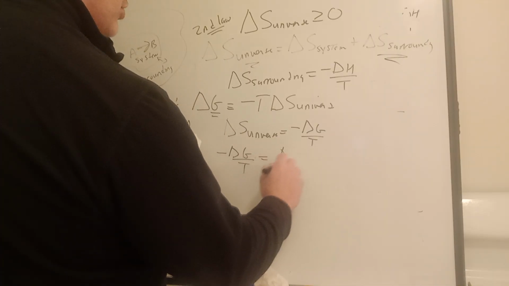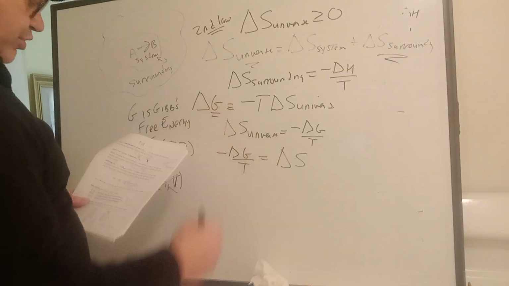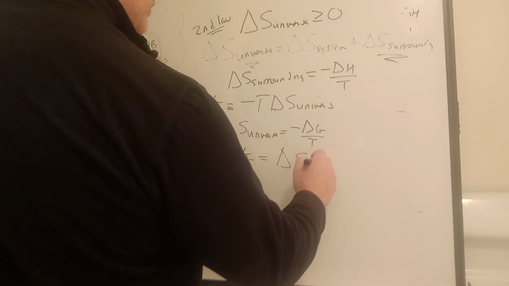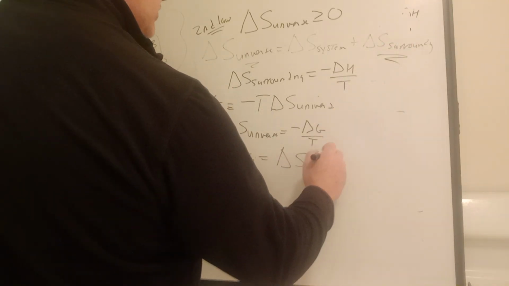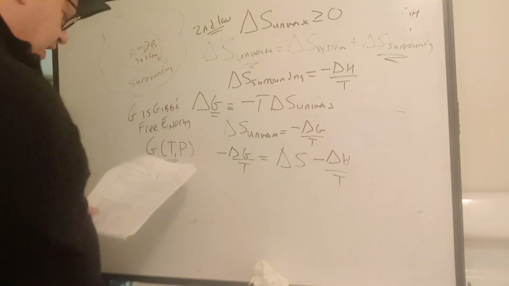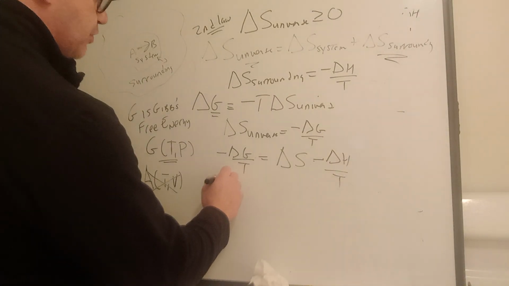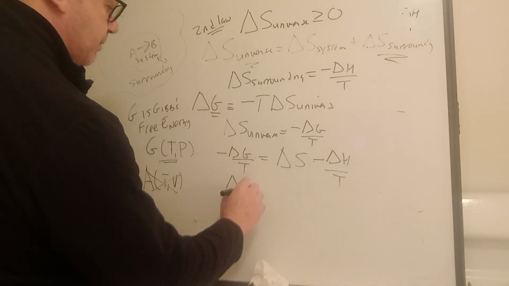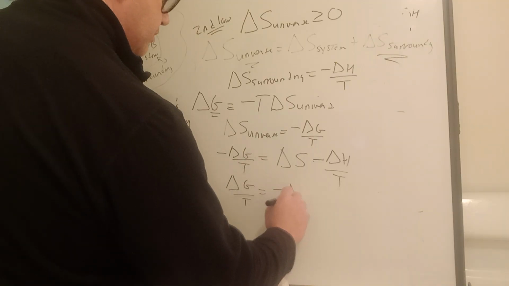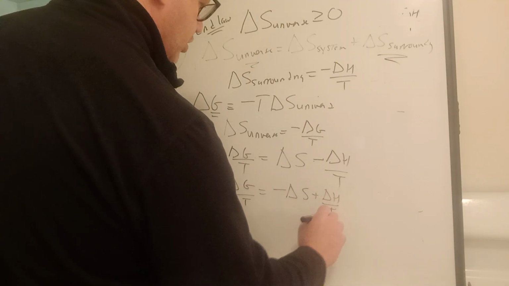I'm just at this point going to call delta S for the system just delta S, because that's what we're going to be using ultimately. And we have over here for the surroundings delta H over T. That looks good. Awful lot of negatives here, so I'm going to just multiply through by -1.